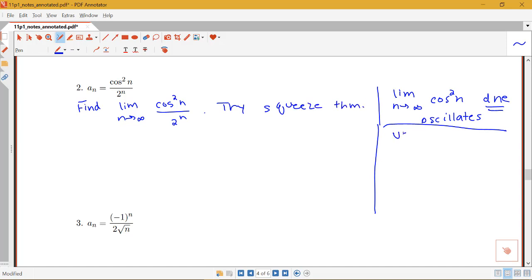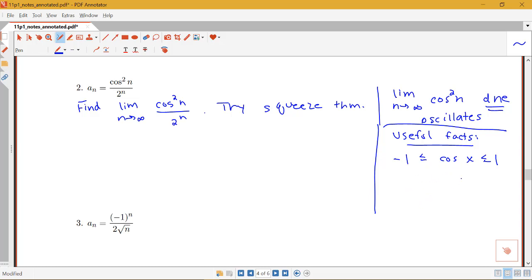Some cases where the squeeze theorem will be helpful: it often comes up when you have things that have sine or cosine in them, or arctangent. These are not exclusively the only times you'd use the squeeze theorem, but just keep in mind that we have the following facts that can be helpful. Cosine x is between -1 and 1.